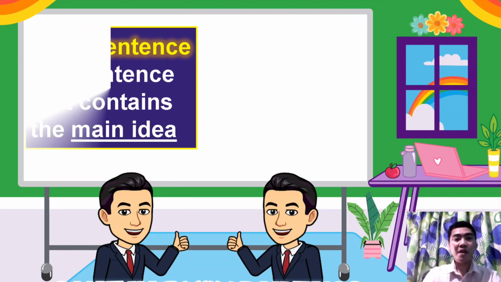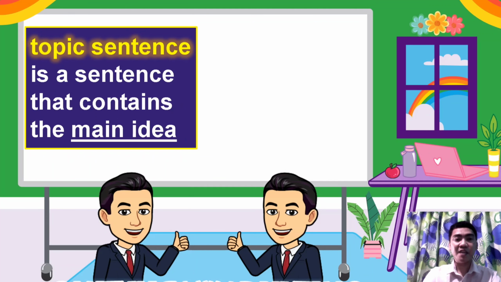Alright, so when we say topic sentence, this is a sentence that contains the main idea. Yes, it's the main idea. Ano ba yung pinag-uusapan doon sa isang paragraph or talata in your Filipino? So, a main idea can be located basically at the beginning of a paragraph.